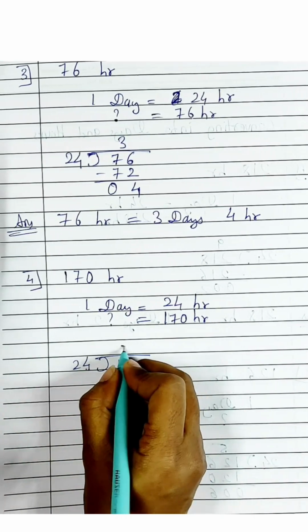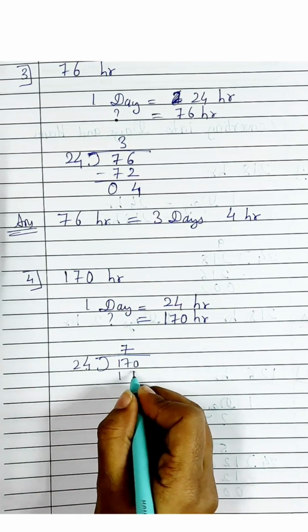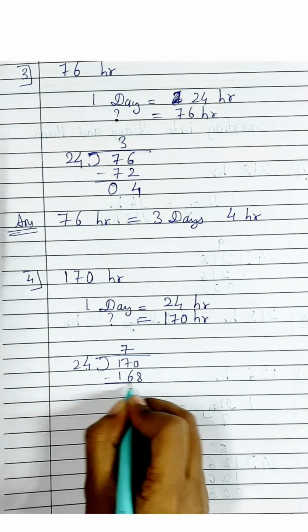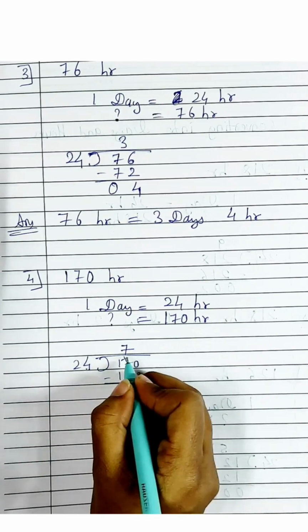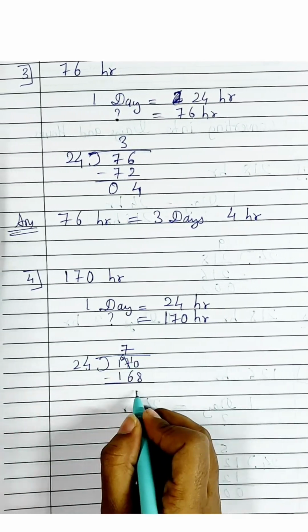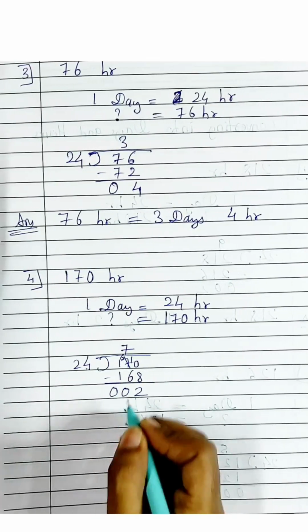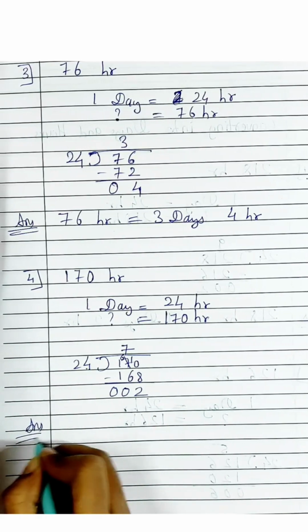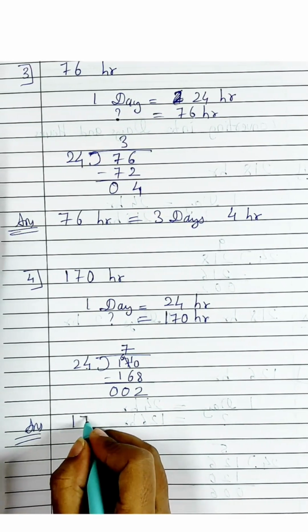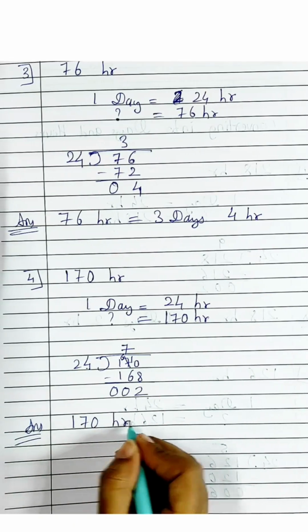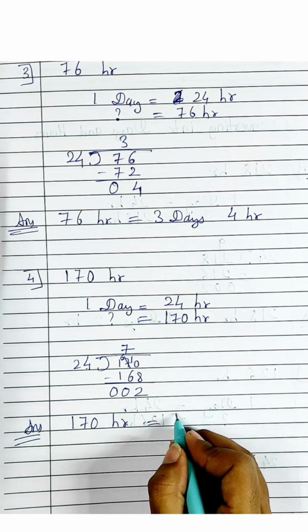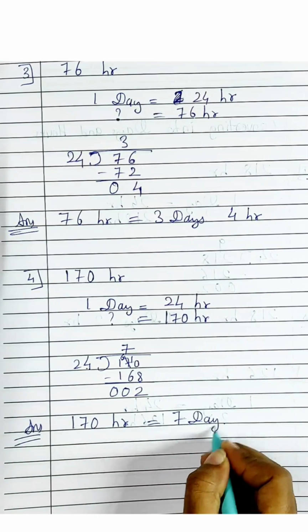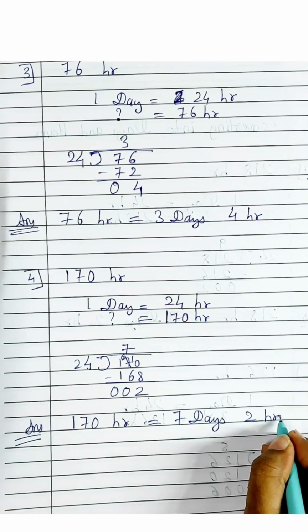So 24 7s are 168, which will give you remainder 2. So what is your final answer? That in 170 hours there are 7 days, 2 hours.